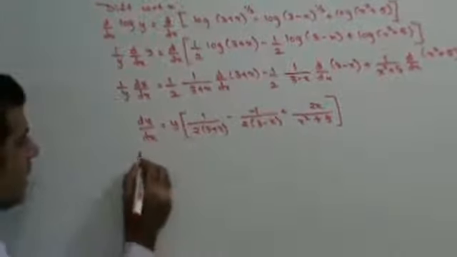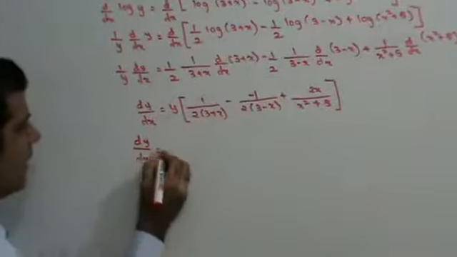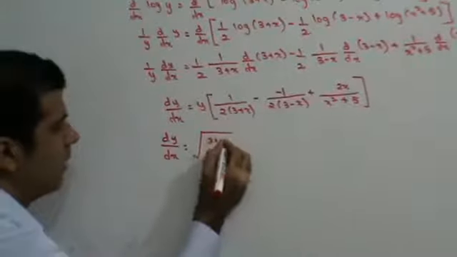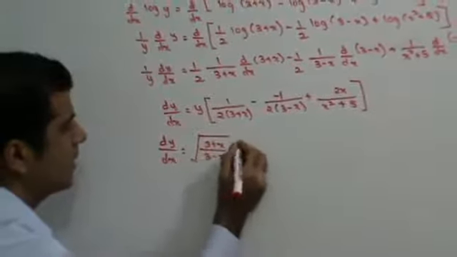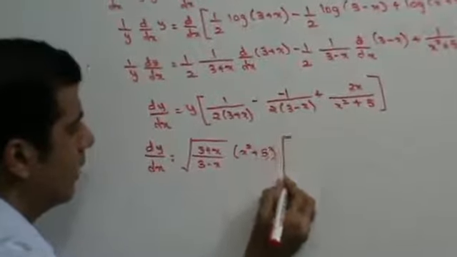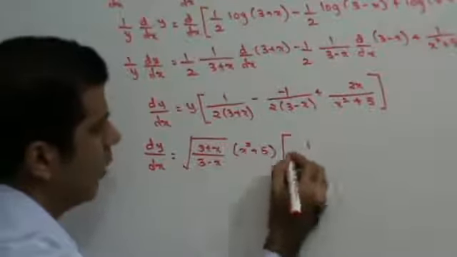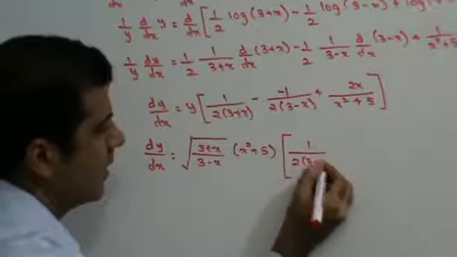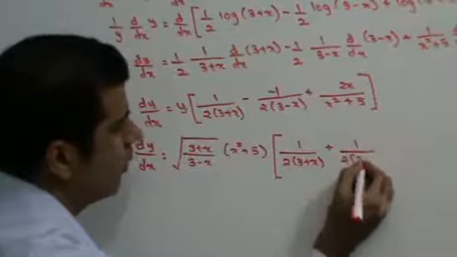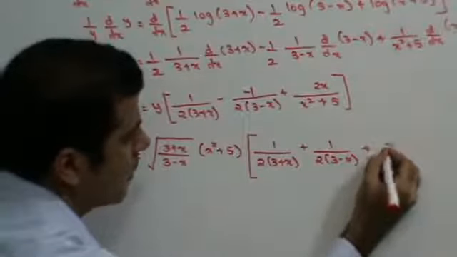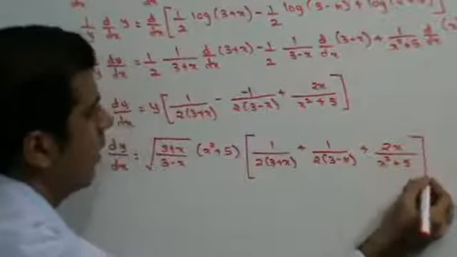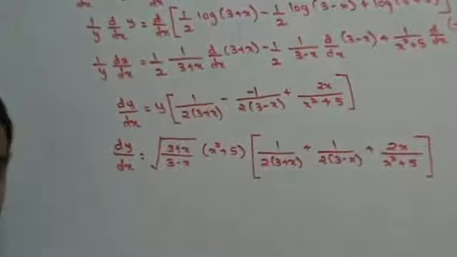So you will get the answer as dy by dx is, instead of y I am writing square root of 3 plus x, 3 minus x into x square plus 5, then into 1 upon 2 3 plus x minus 1 upon 2 3 minus x plus 2x upon x square plus 5. That will be your answer for the sum.